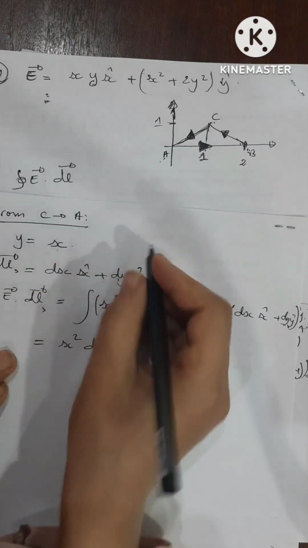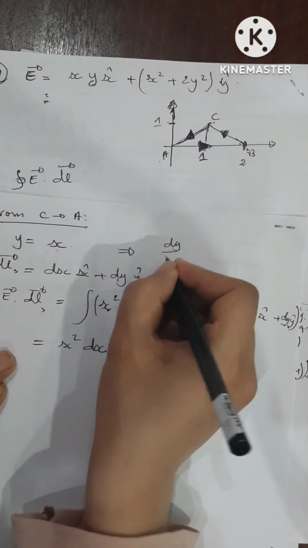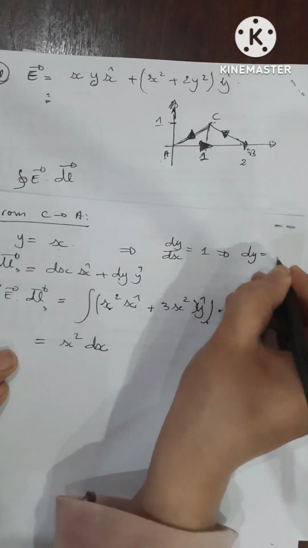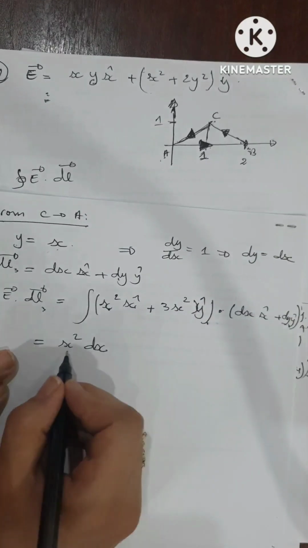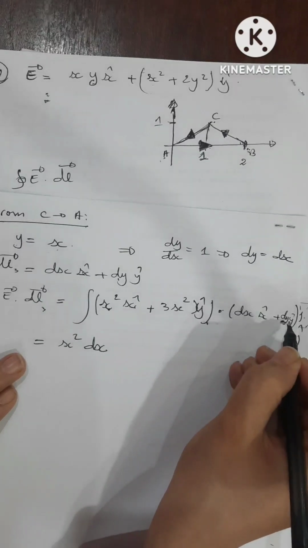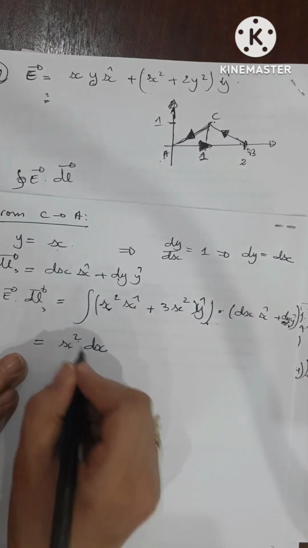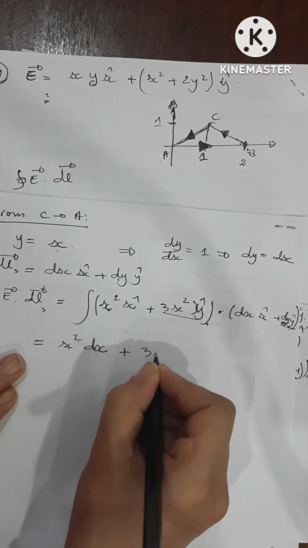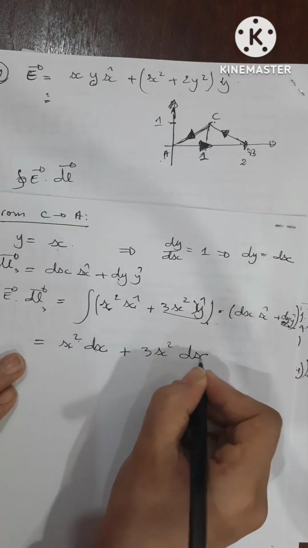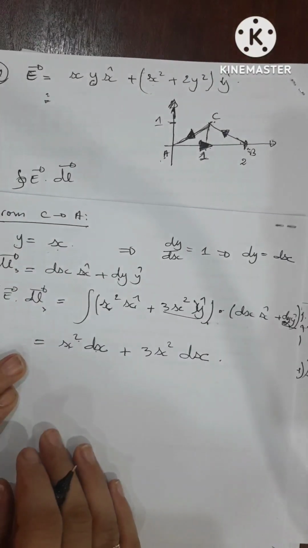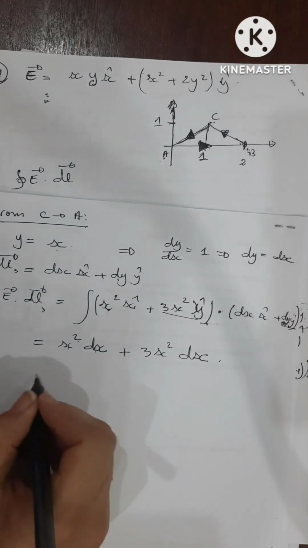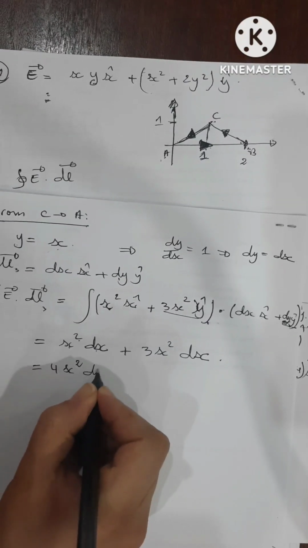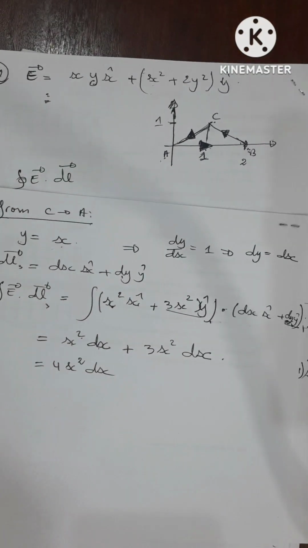If we have y equals x, so dy over dx is 1, so dy equals dx. In this case I can write dx instead of dy, so x squared dx plus in the direction of y 3x squared dx. Now the result is 4x squared dx.